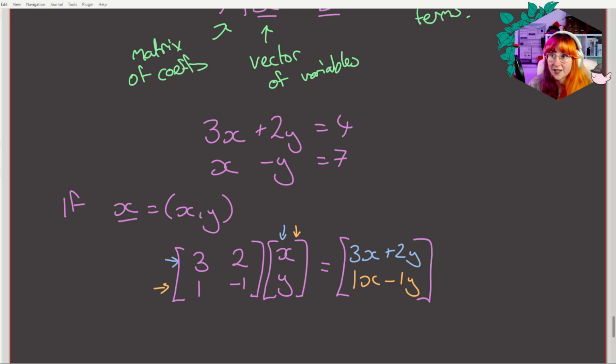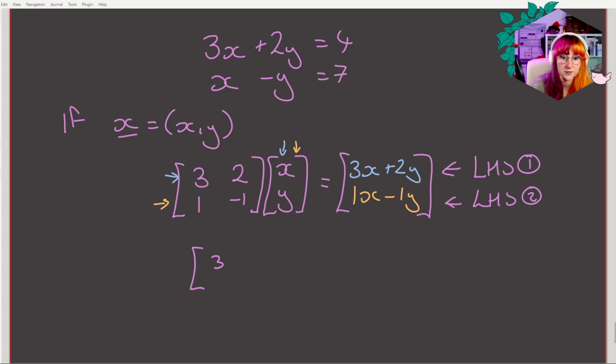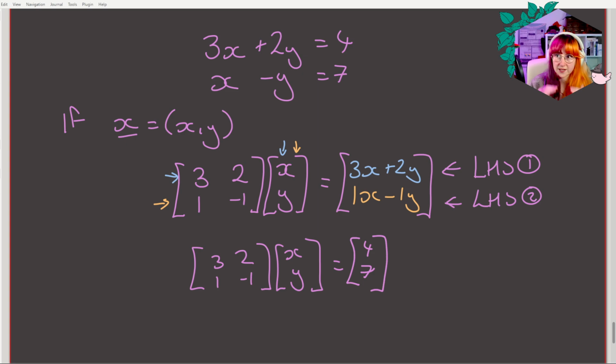Okay, which I'm now reading the rows as the left-hand sides of my equations. So this entry is the left-hand side of equation 1, and this entry is the left-hand side of equation 2. So the equation [3, 2; 1, -1] times (x, y) equals (4, 7). I can read this row by row as the different equations up here.